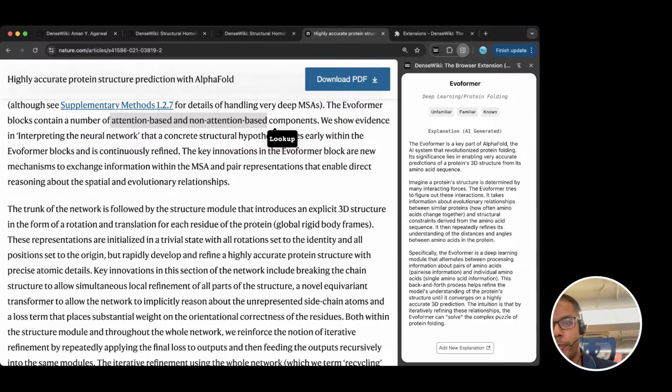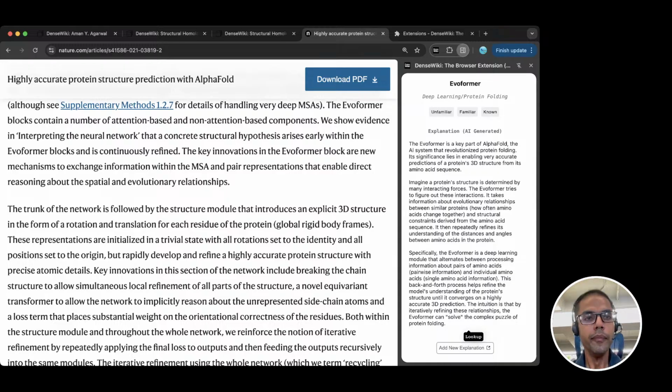And then it repeatedly refines its understanding of the distances, angles. The intuition is that by iteratively refining these relationships, the Evoformer can solve the protein puzzle.